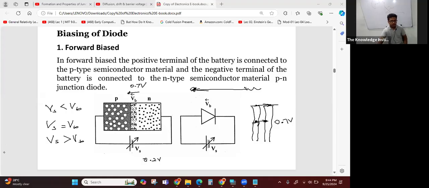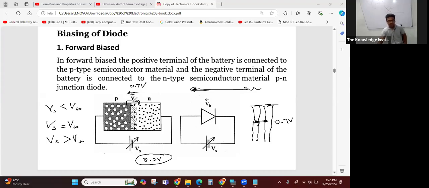Okay, so then what happens? Due to this applied voltage, there will be a small current. It will recombine, and then the voltage across the junction will decrease.